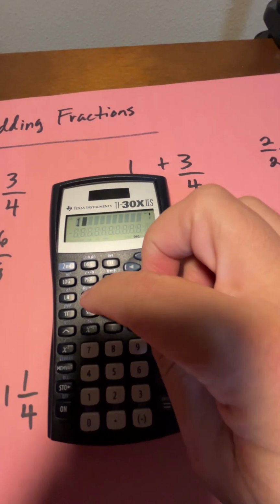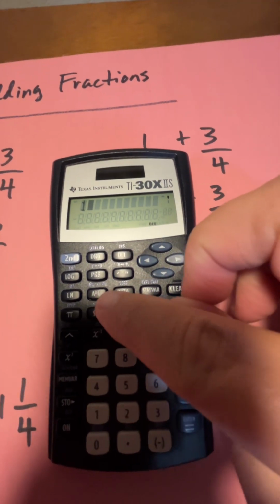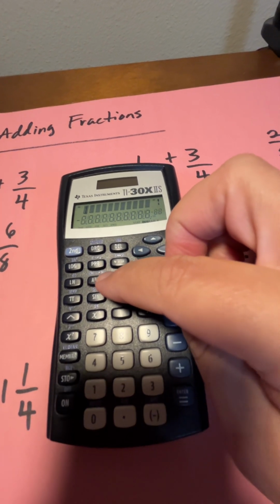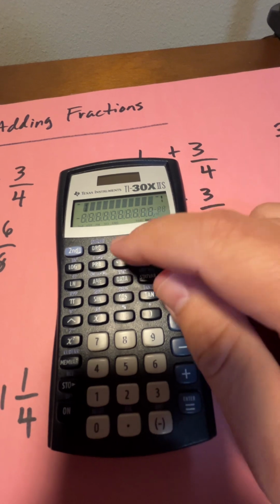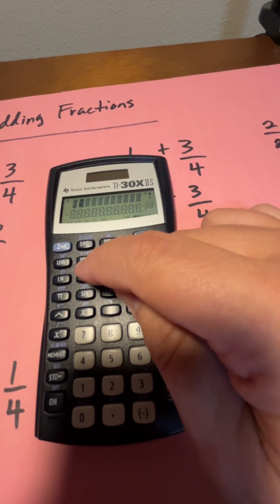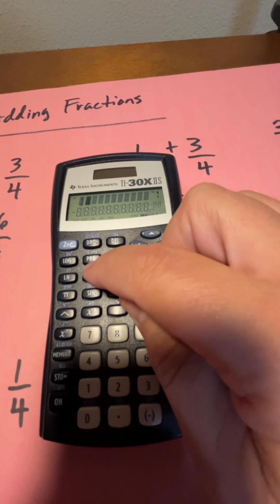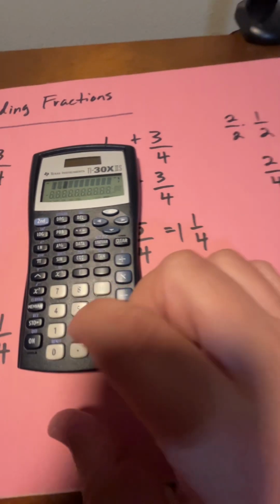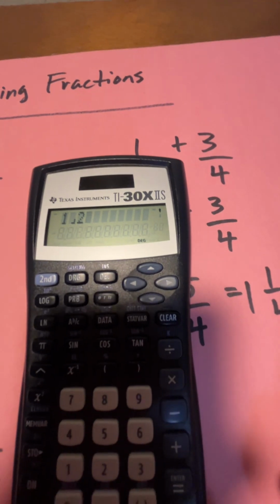And then this button up here, trying to get that to focus. It's an ABS button. It's right underneath the PRB, the probability button. So if you hit that button, notice, see that symbol? So 1/2, that's how you represent 1/2 on this calculator.